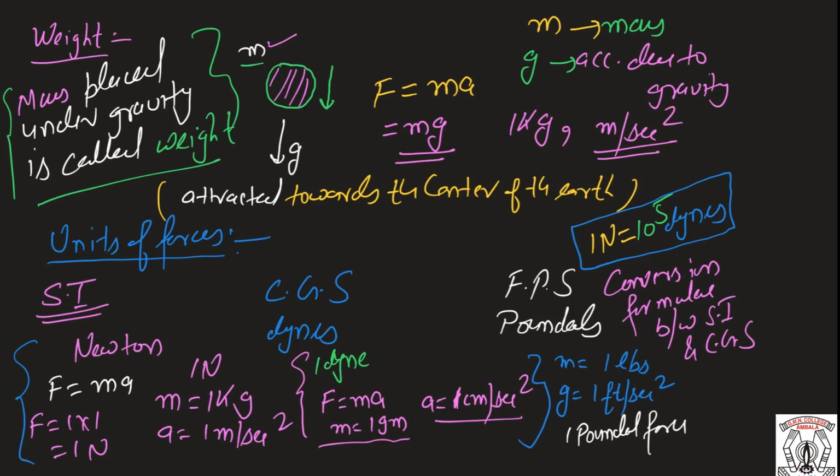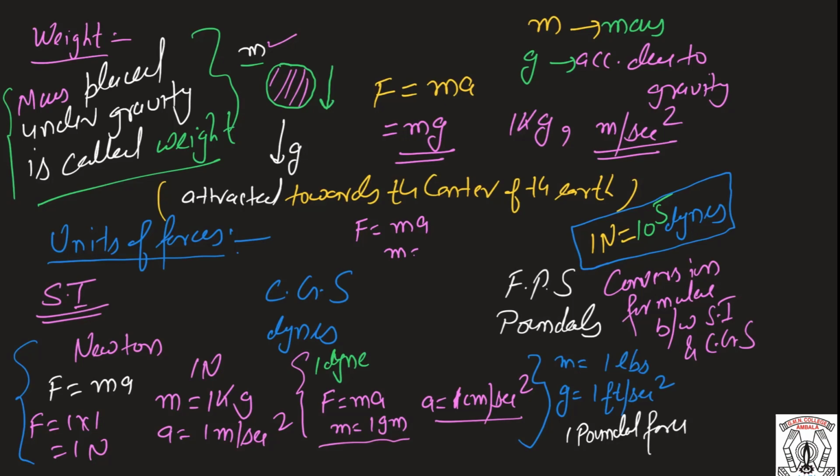So this is the definition of weight, and what are the units of forces we have studied. In the absolute unit of force, where we take no system of measurement like SI, CGS or FPS, we define 1 unit of force, like F is equal to ma.